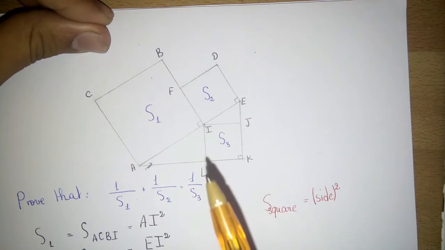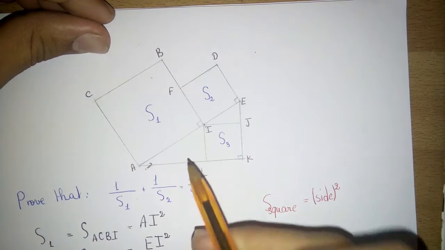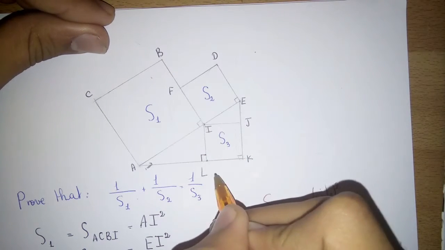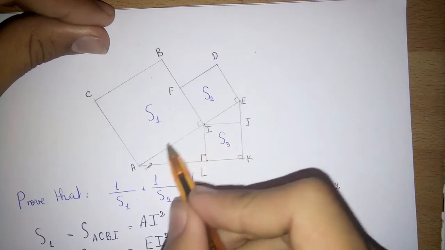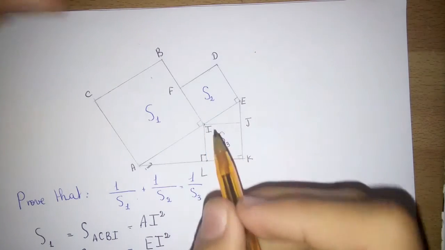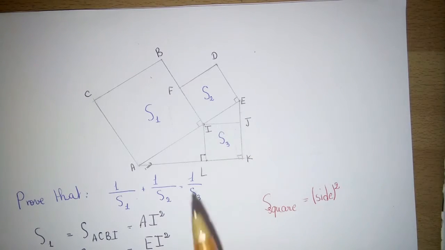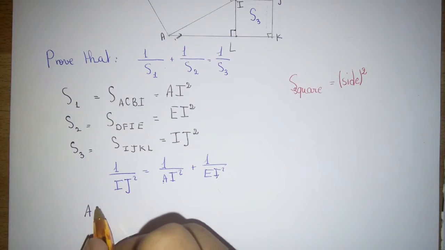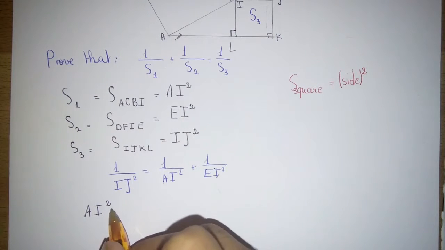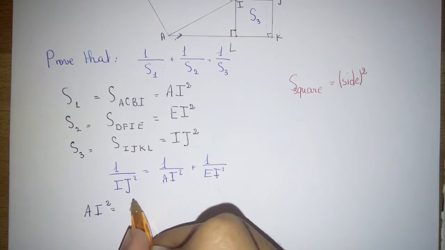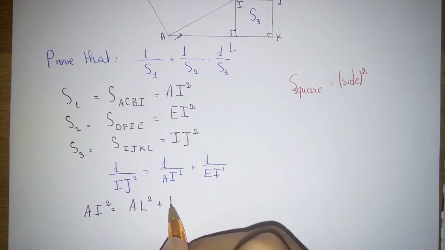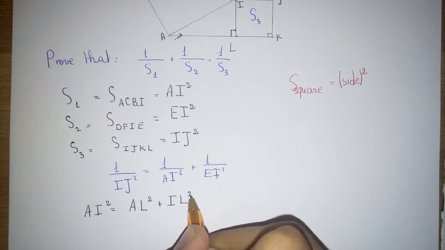AI is the leg of a right triangle, which is right angled at this point here, L. So, since it is a right angle triangle, we can use the Pythagorean theorem, which says that the hypotenuse AI squared is equal to the sum of the squares of the two legs, AL squared plus IL squared.